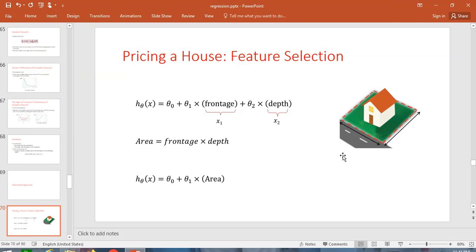But we know that actually the length and width of the house are not very important. What is very important is the area of the house, which is equal to the product of the length and width of the house. So the new feature x can be defined as the product of x1 and x2, where x1 and x2 are the length and the width of the house, and x is the area of the house.